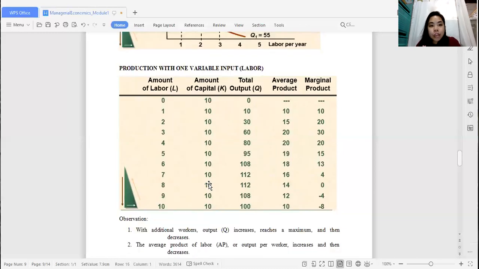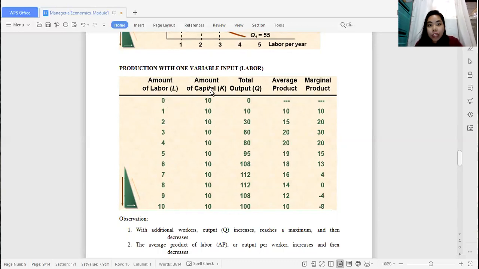Supposing this is our amount of labor. Please follow my cursor, class, because I cannot copy this to our whiteboard, so I cannot mark it. So just follow our cursor. We have here the amount of labor. You can see, class, that labor is an input. You can see that labor changes. That means labor is a variable input.